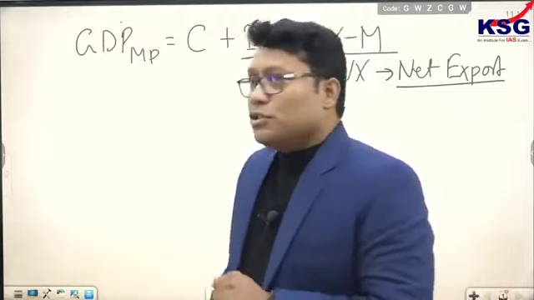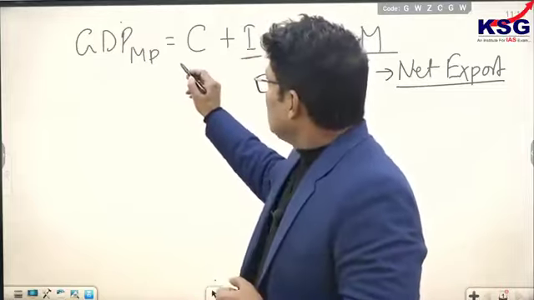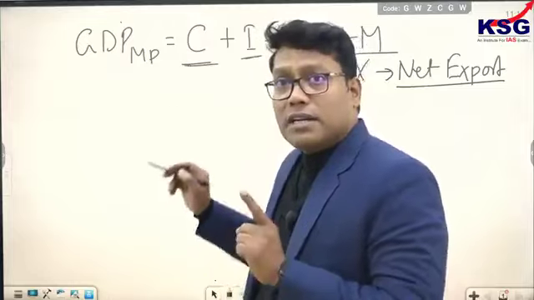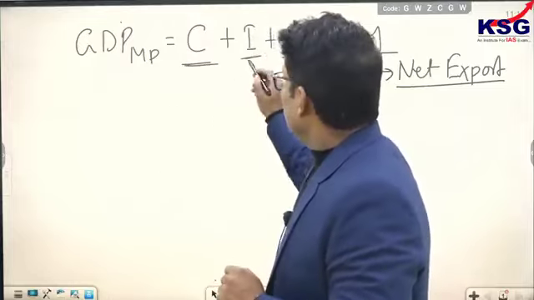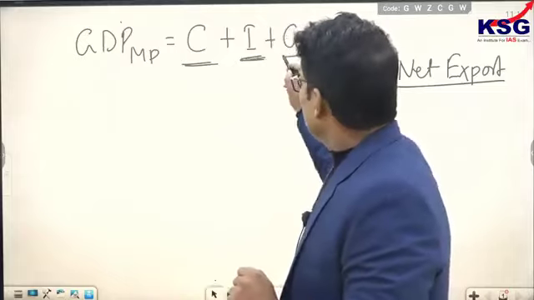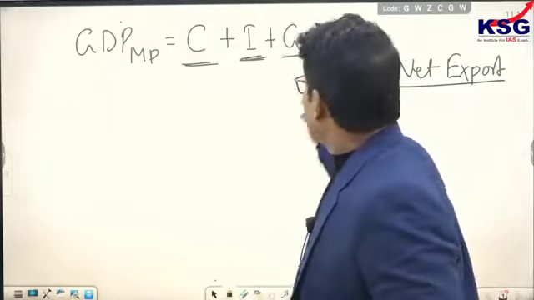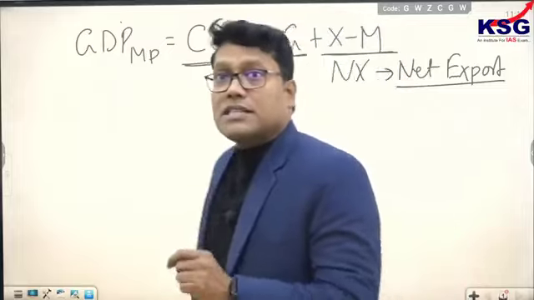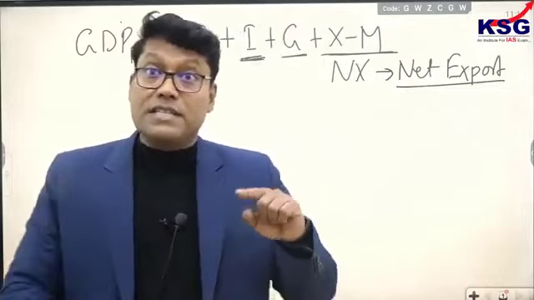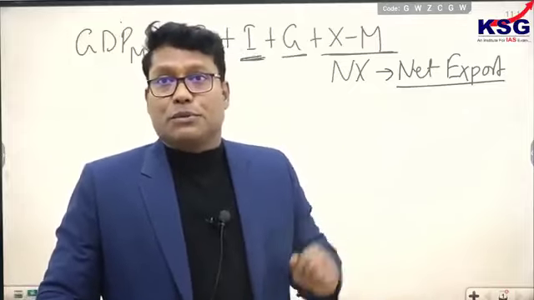So think about it: this much of goods and services demanded by the households, this much by investors, this much by the government, and the net goods and services domestically produced is demanded by the foreigners, that is, the rest of the world.